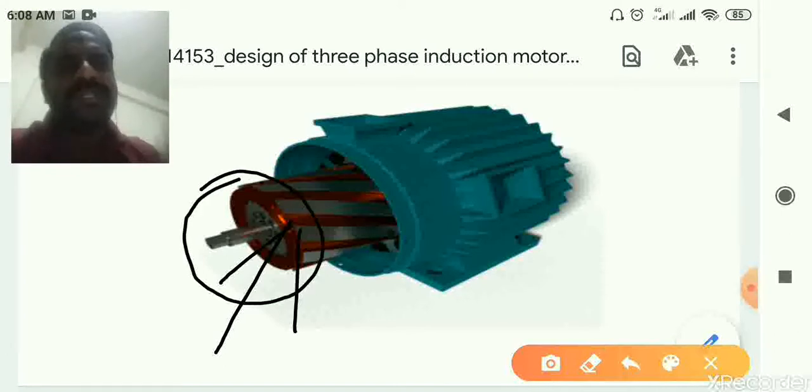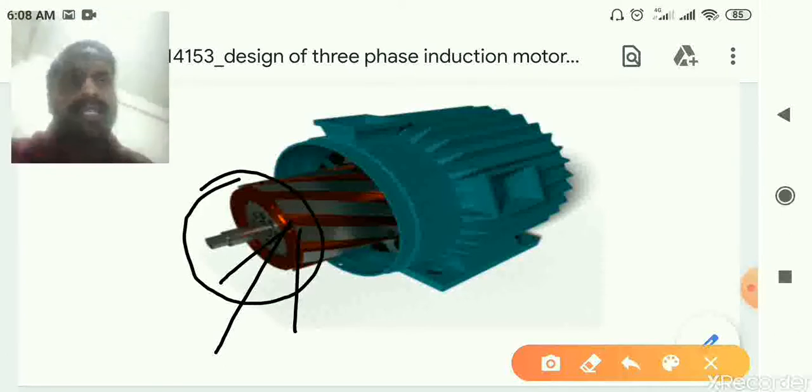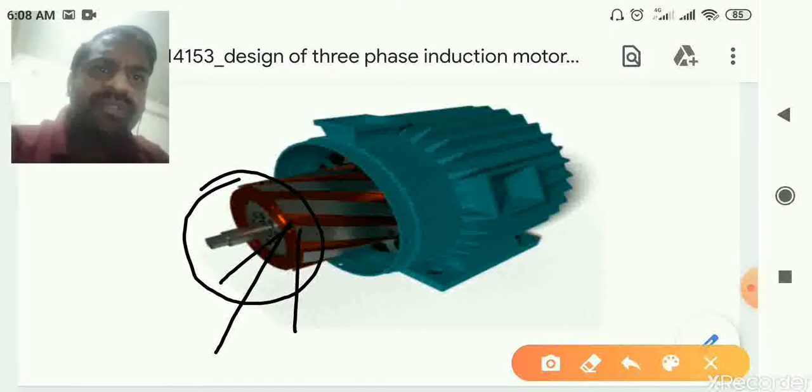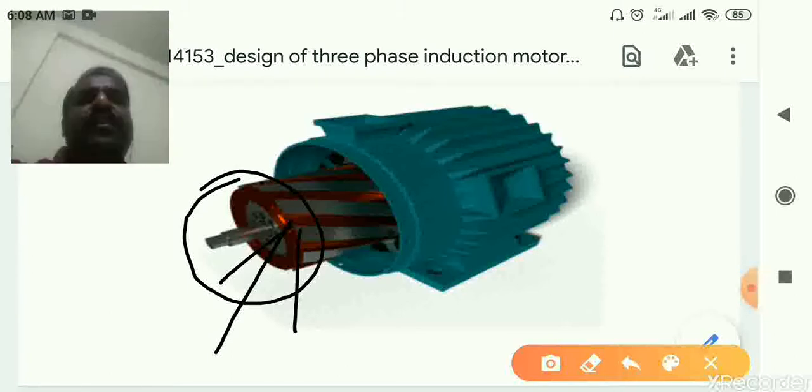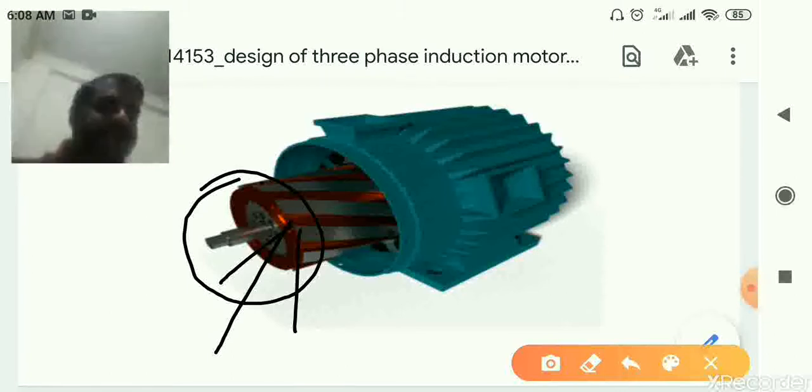So in this picture you can see all the conductors which are housed in the slots are short circuited at one end with a copper ring, which is called the end ring.